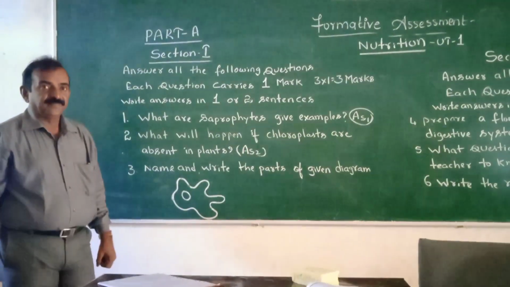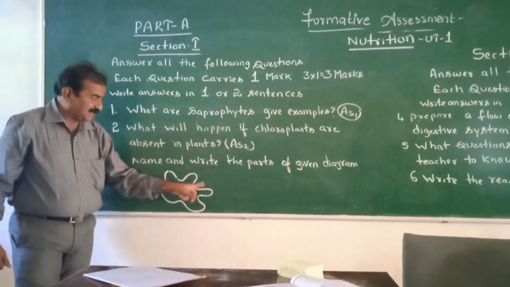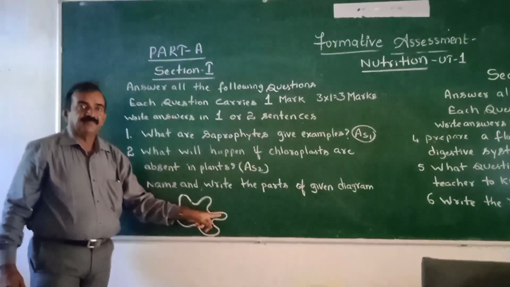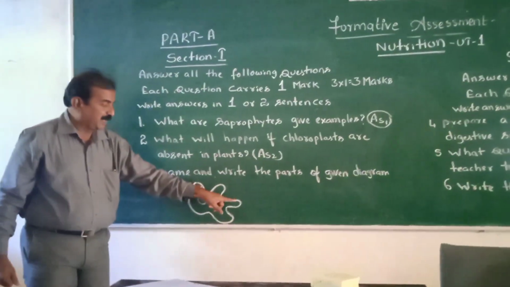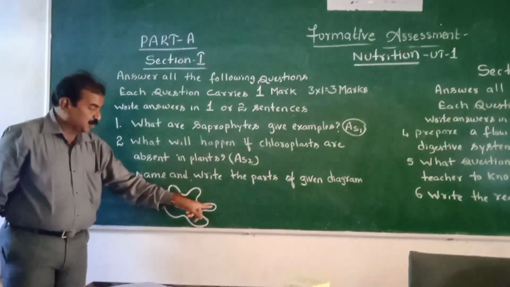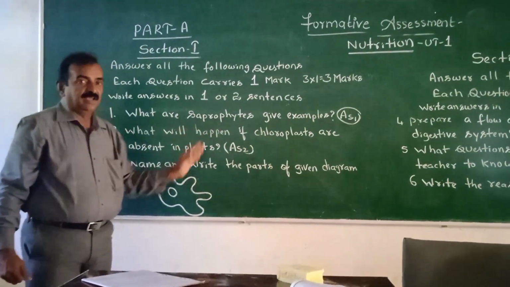There you see amoeba, and amoeba nutrition is given. These are the parts, called pseudopodia, and this is called the nucleus. Write the parts of amoeba: pseudopodia and nucleus. In this way you need to write the answers to the 3 questions.